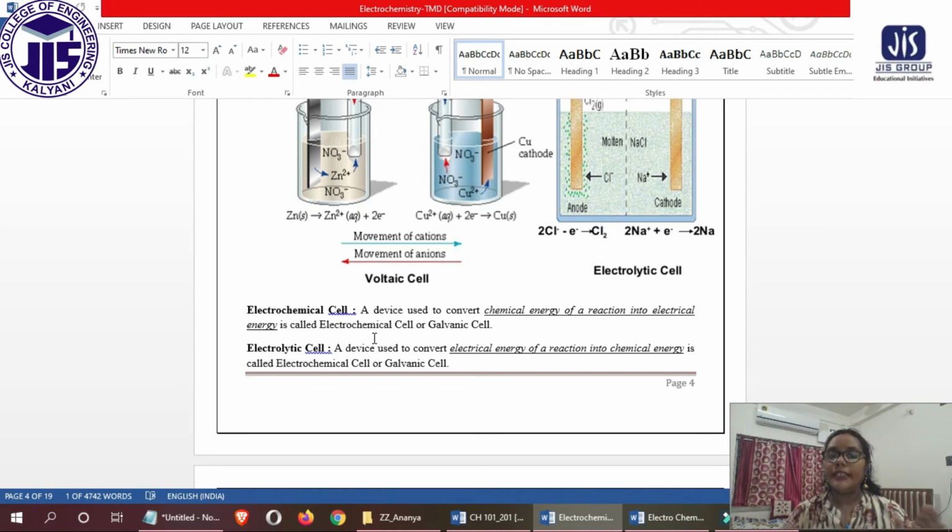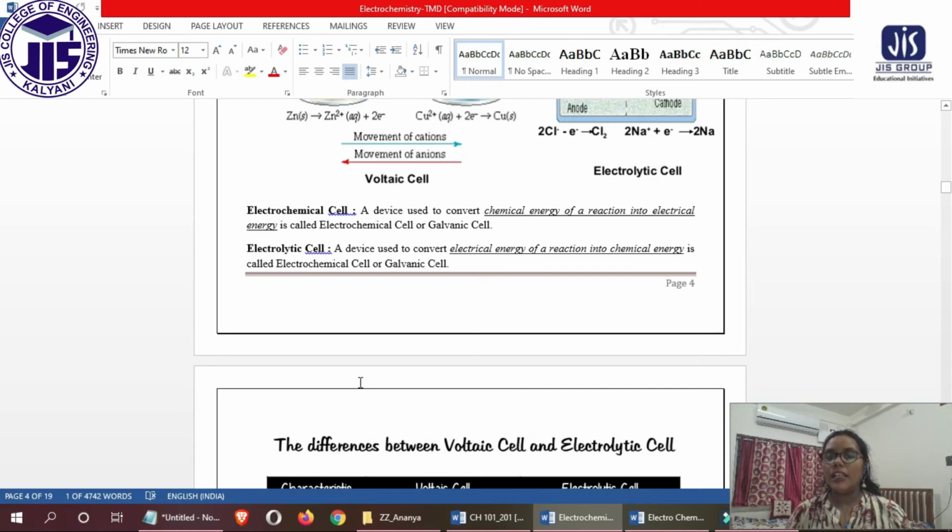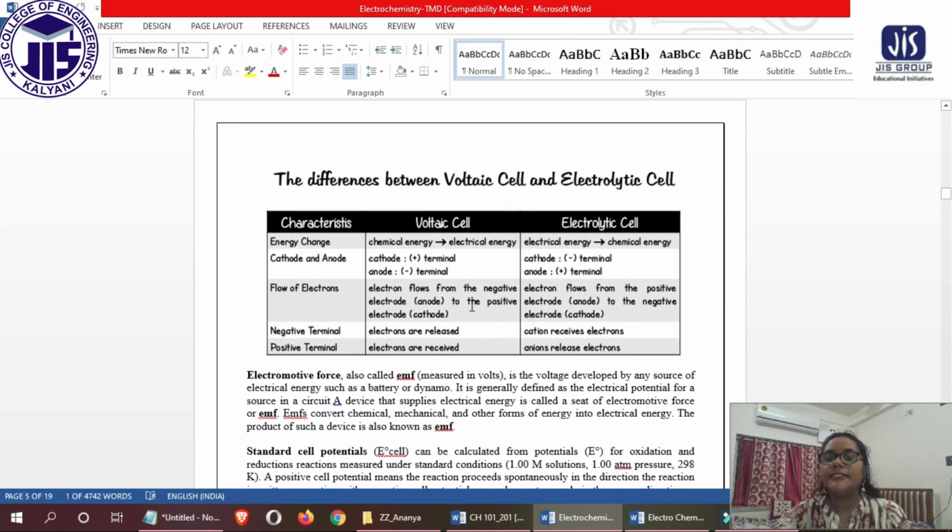But for the electrolytic cell, what will happen? This is a cell which converts the electrical energy into the chemical energy, just the reverse. So, this is called the electrolytic cell. Here are some of the differences between the voltaic cell and the electrolytic cell.